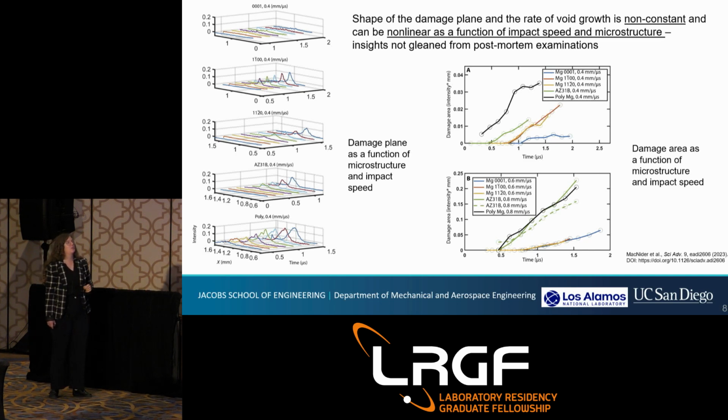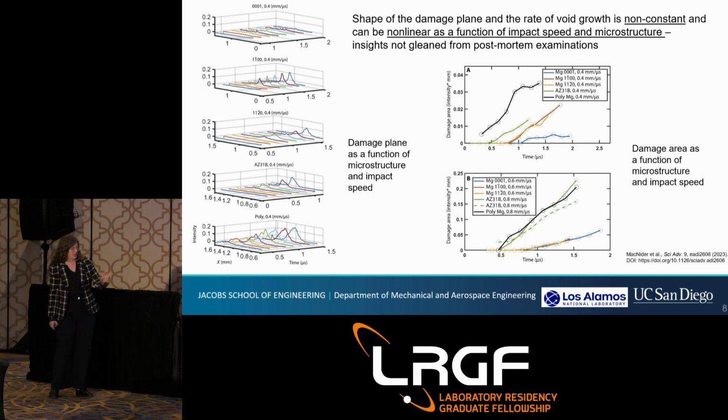And some interesting things to pull out of this is if you look at the slopes, basically these lines on the right, we could call this the growth rate of the damage plane. But the cool thing about it is that it's not all necessarily linear. Some of these curves, a linear line would fit very well, but some of them are very distinctly nonlinear, which means that the rate of damage growth changes across time.